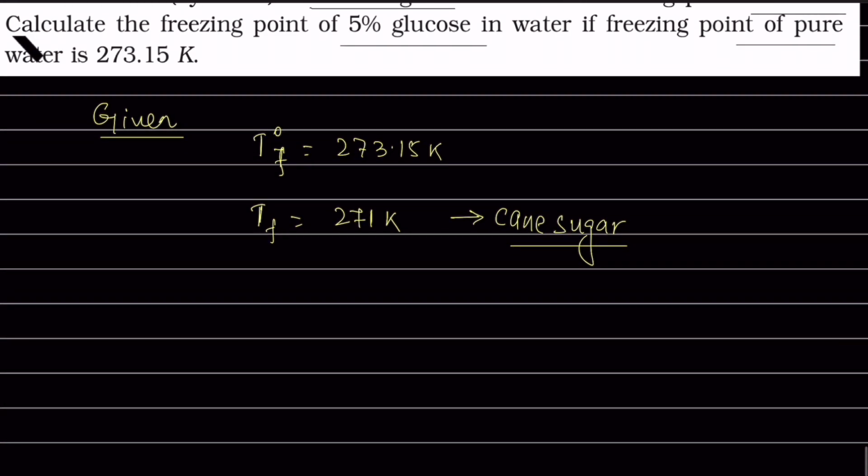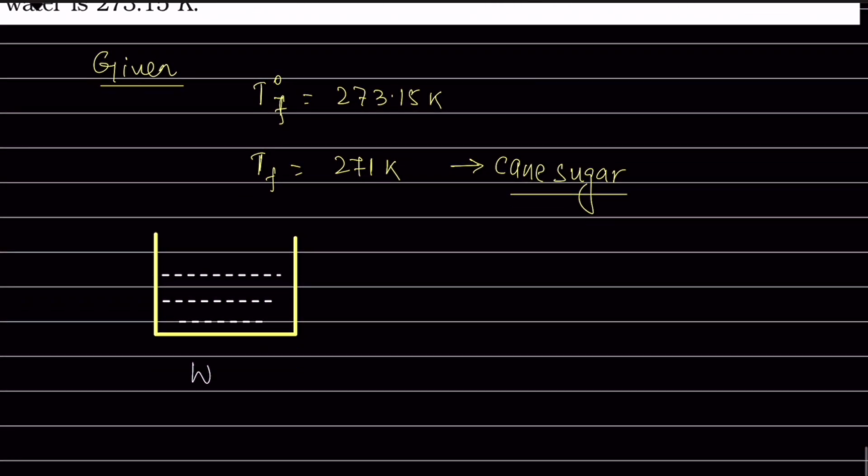We are taking pure water, and in this water we are adding cane sugar, and in the second case we are adding glucose.